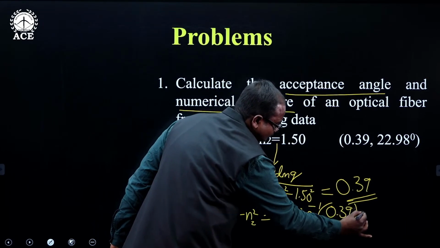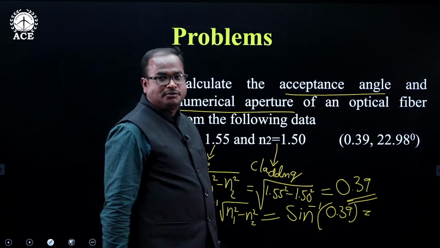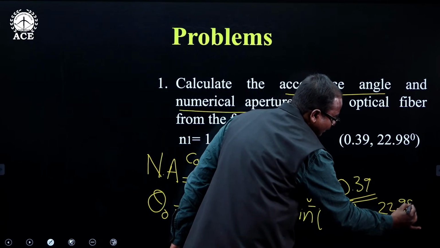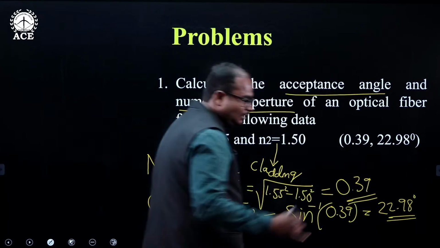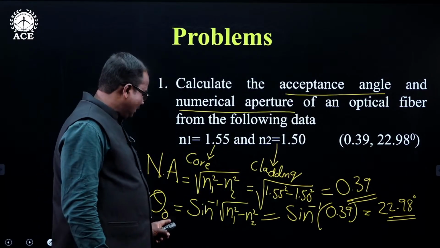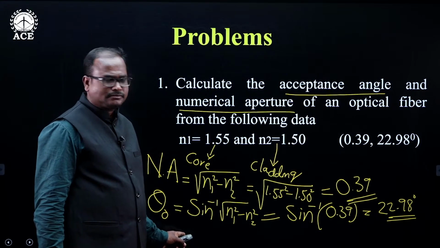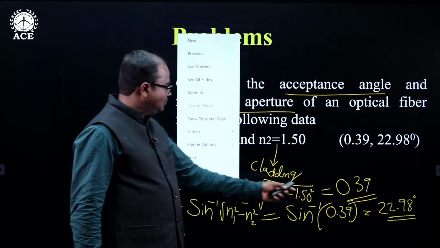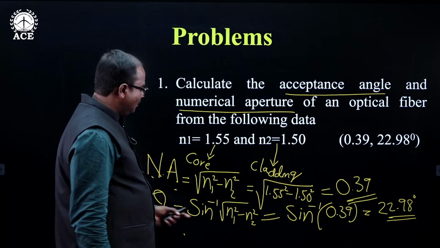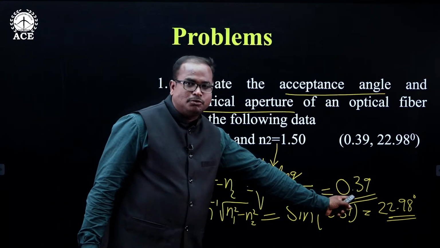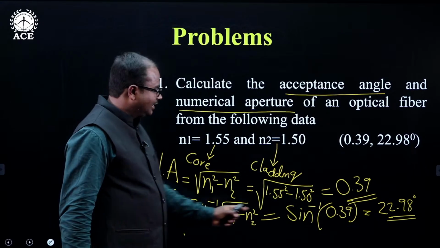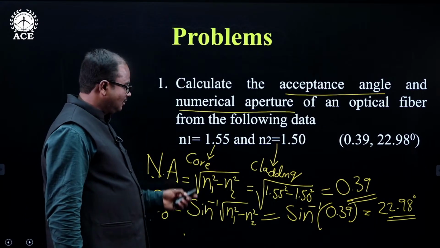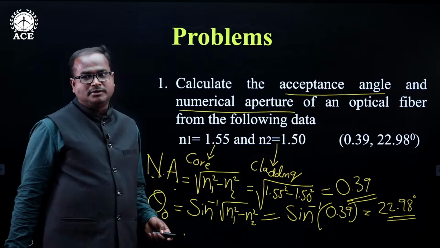What would be the value here? 22.98 degrees. This is the value of acceptance angle. So numerical aperture you got as 0.39, acceptance angle you got as 22.98 degrees. Very easy problems only you will get.